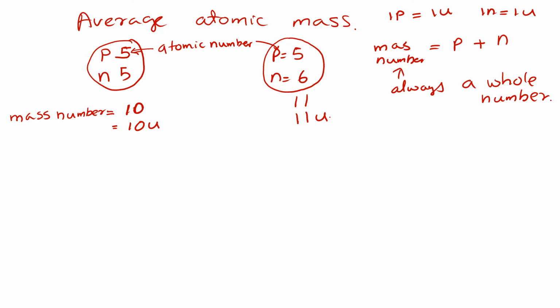Now, if you go into the periodic table and check the atomic number 5, I don't know if you have a periodic table in your hand, but if you check it, you will find the element holding the atomic number 5 is boron.